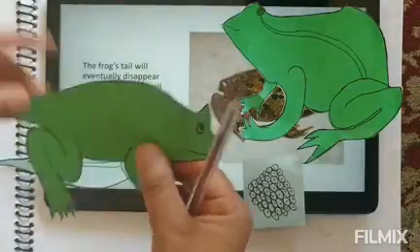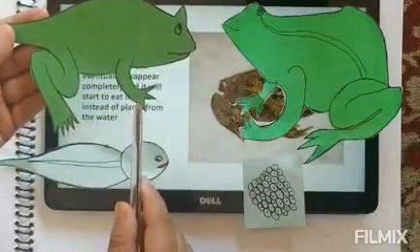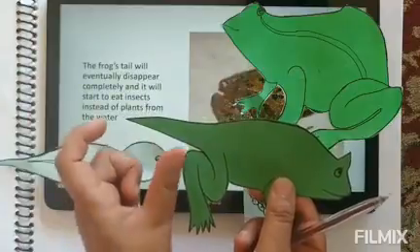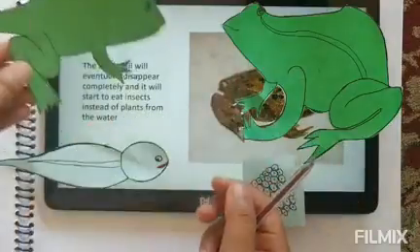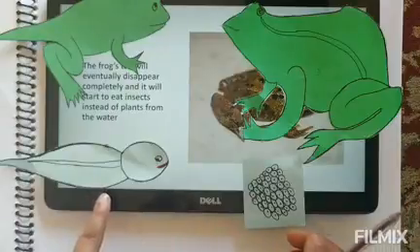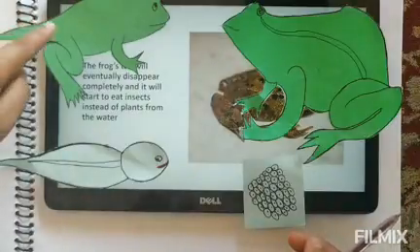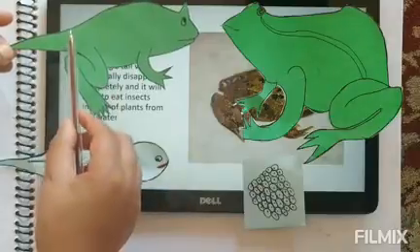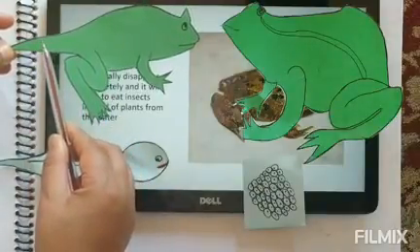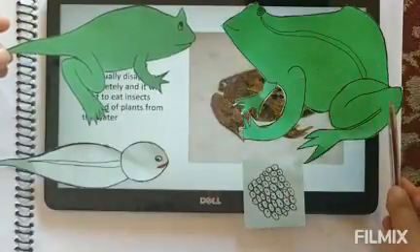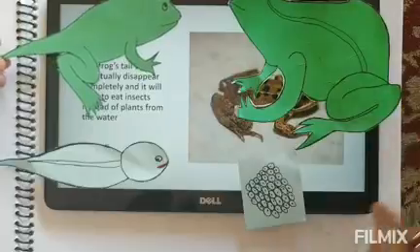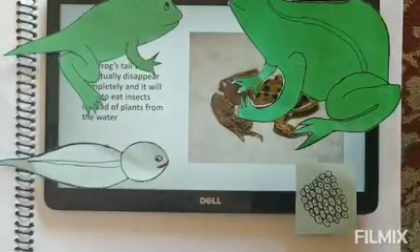First 2 legs will appear, and then 2 more will appear. The tail will shrink and the tadpole will become a froglet, and then when finally the tail has disappeared, what will happen? It will become an adult frog. So this is the life cycle of a frog.